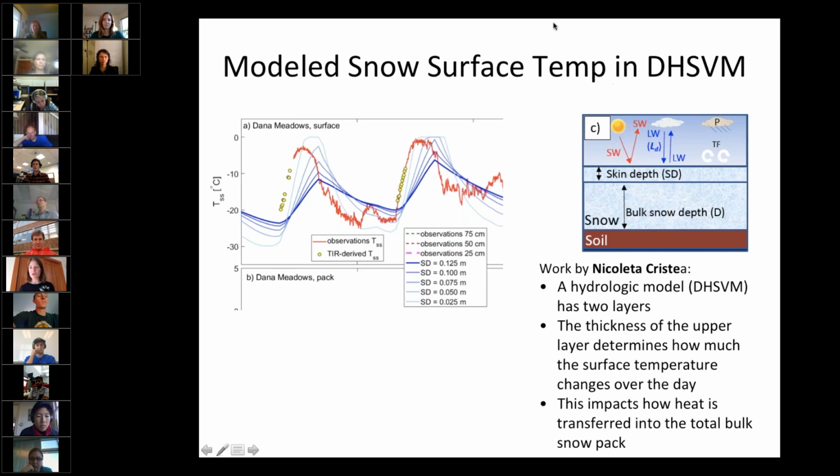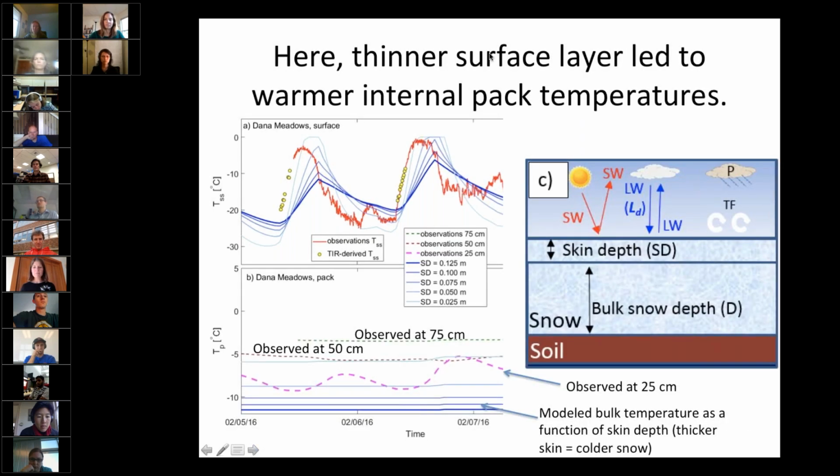Now, what does this do to the rest of your snowpack? Does anybody care if they're not staring at the surface temperature of the snowpack? So the colors down here correspond to the same colors up here. Our really dark blue line is Nicoletta's really thick snowpack, and the lightest blue line is her thinnest snowpack.